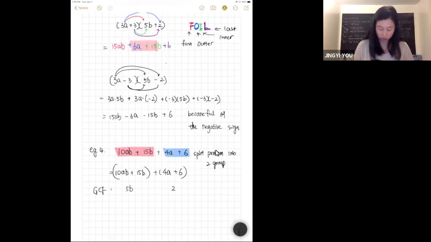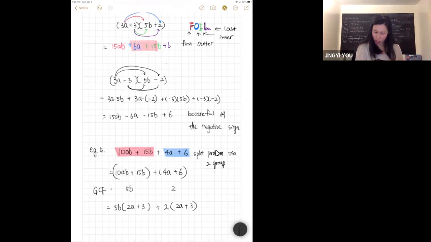So we pull out the 5b. The first group is what? 10ab divided by 5b gives 2a, plus 3. For the second group, I factor the 2 out, so what remains is 2a plus 3.